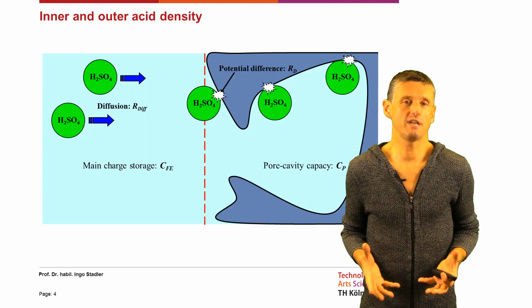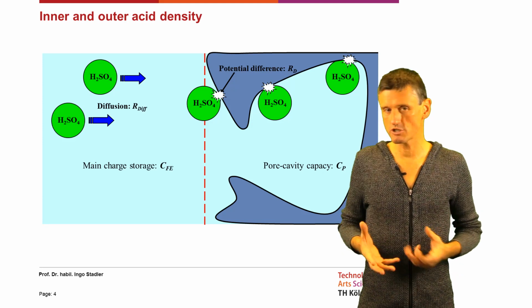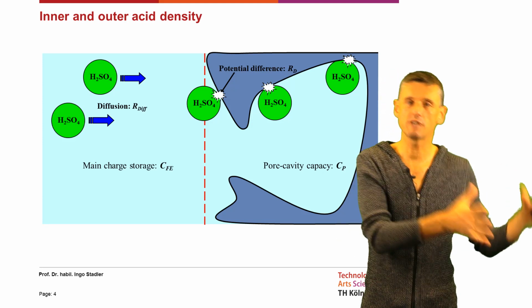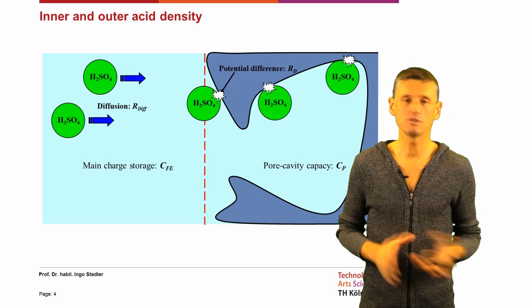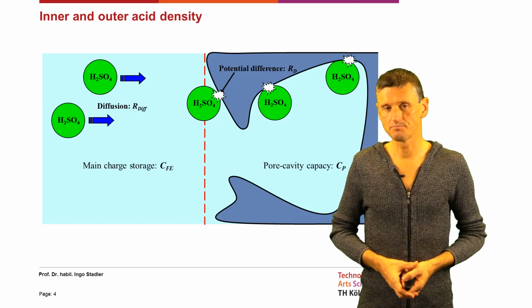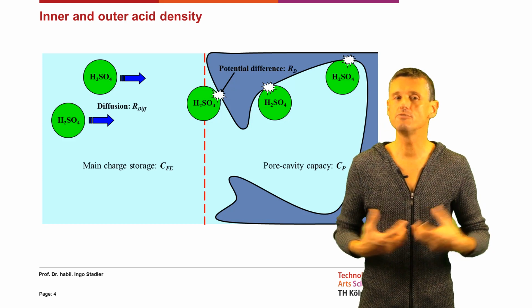The reason for that is mainly that the acid concentration is different in the container and in between the pores of the positive and the negative plate. And that is a function of the diffusion process.